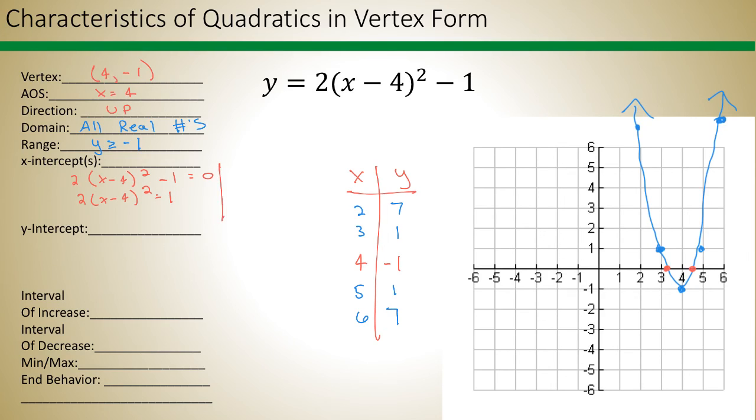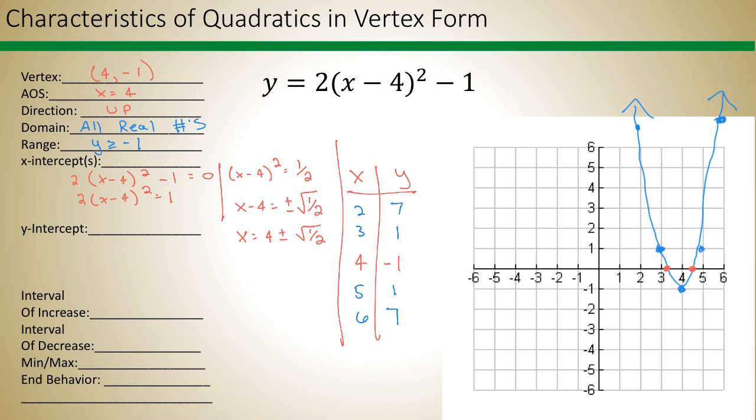We're going to divide by 2, so that gives me (x minus 4) squared is equal to 1/2. Take the square root of both sides. x minus 4 is equal to plus or minus the square root of 1/2. And then add 4 to both sides. So x is equal to 4 plus or minus the square root of 1/2.